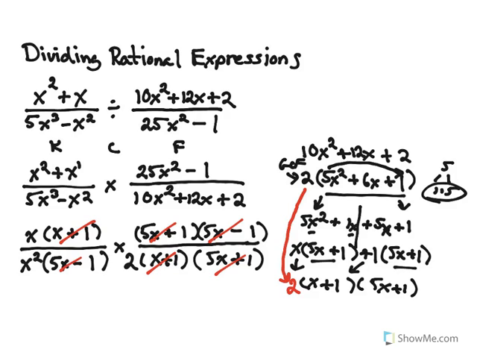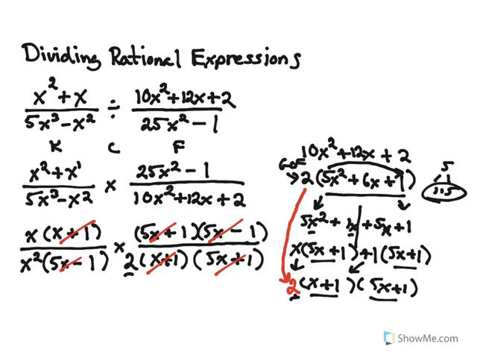Don't forget to bring it down to include it with your 2 factors. That's really important. The 2 doesn't just disappear, it needs to be included. So when you write it here, make sure you write 2 times x plus 1 times 5x plus 1, and then cancel, which we've done already.